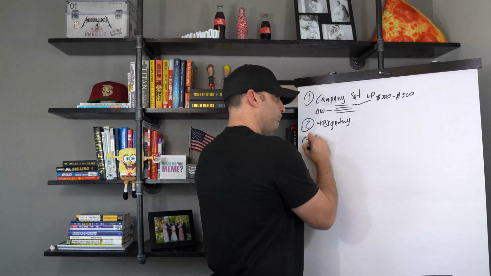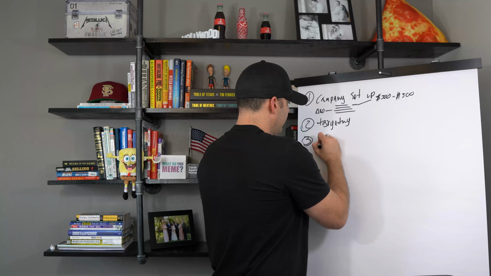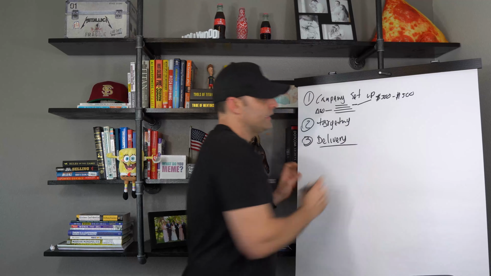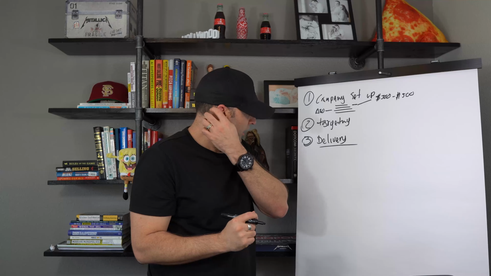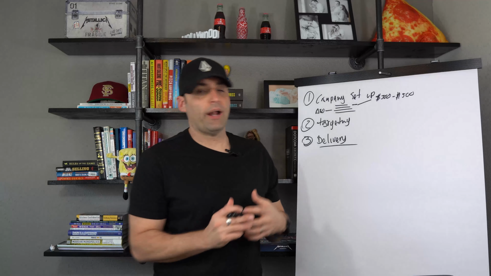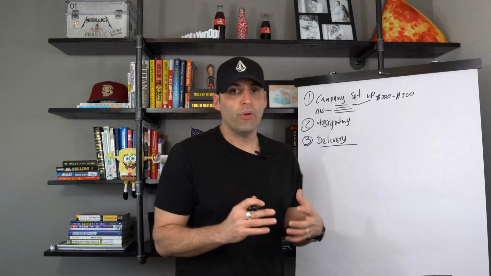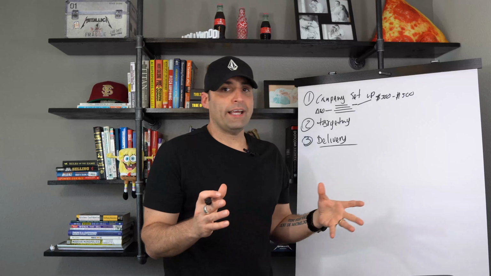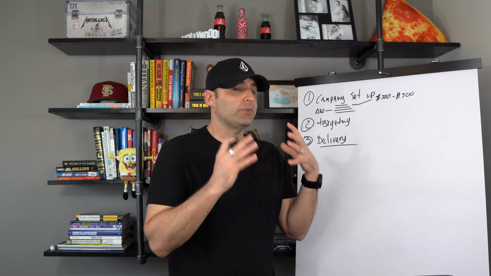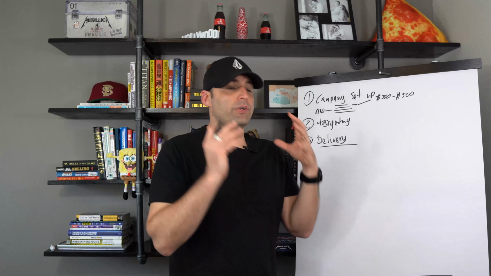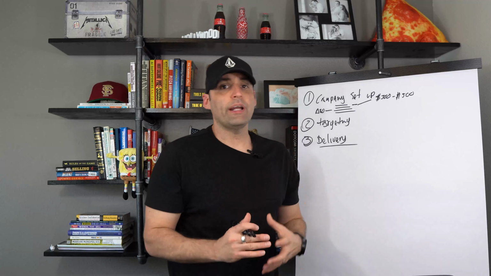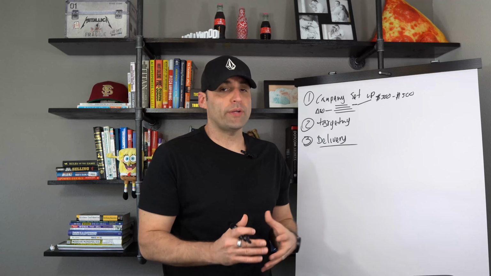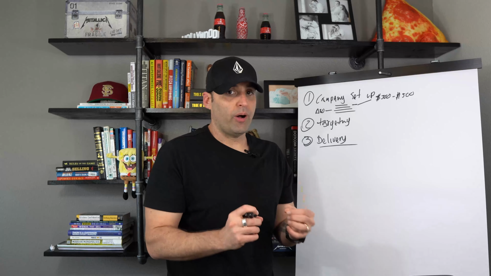Number three, delivery. This is very, very important. When you're launching your campaigns, what a lot of you like to do is set up a campaign and let it go, and that's it. What I highly suggest is, when you're testing multiple creatives, you turn all your creatives off and wait until Facebook approves every single creative, and that's when you turn them on.